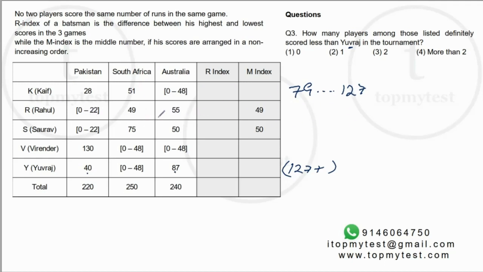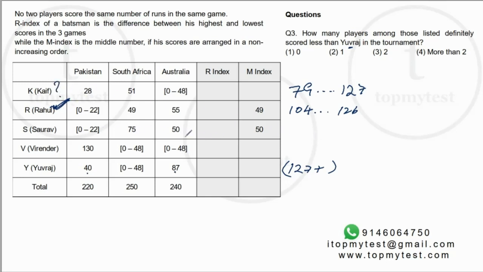Rahul is 49 plus 55 is 104 to 126. Now, maximum possible score for Rahul aggregate is 126. Even if Yuvraj scores 0 here, Rahul will definitely score overall lesser than Yuvraj. So Rahul is one person who is definitely lesser than Yuvraj. Kaif will not be, because Kaif can score 127, which can be equal, not lesser, not definitely less. Kaif is a question mark, but Rahul is definite.